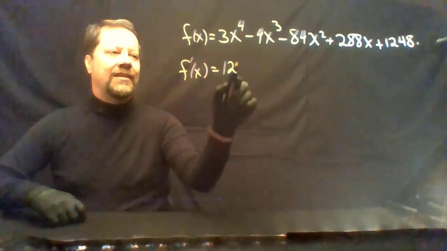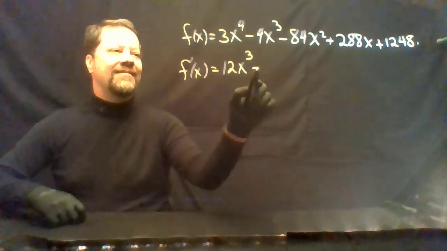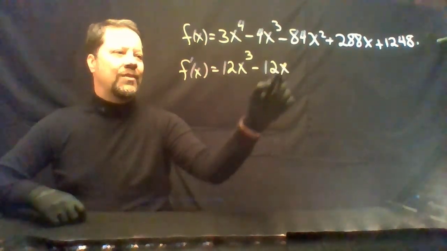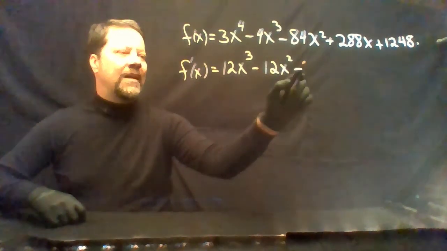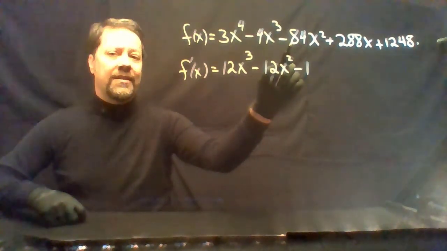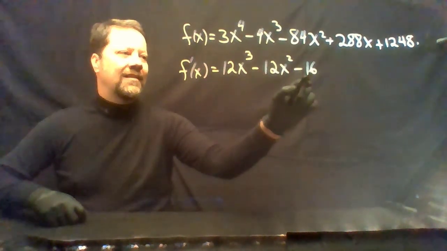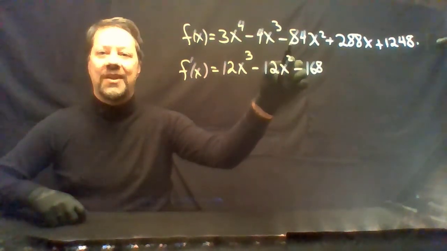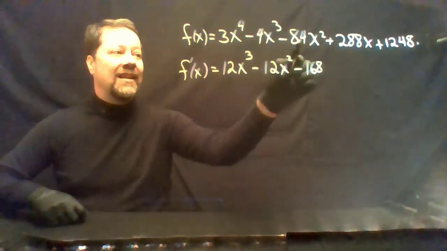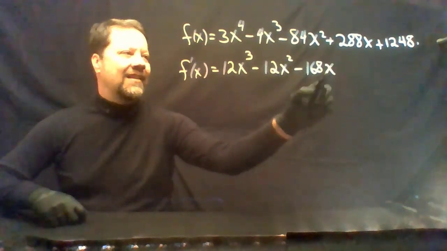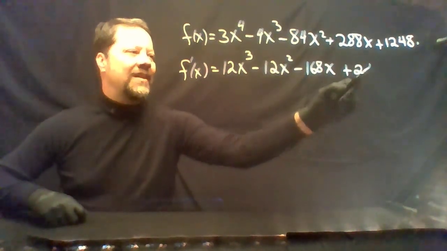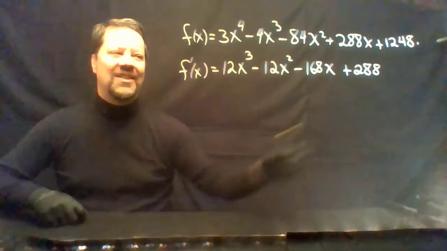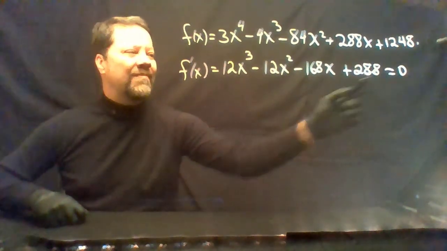We'll have 12x cubed minus 12x squared minus 168. Remember to multiply backwards on these. 2 times 80 is 160, and then 8x plus 288. We're setting this equal to 0.